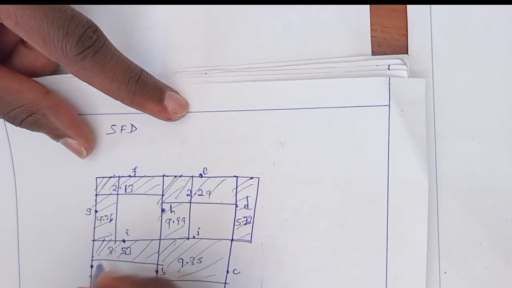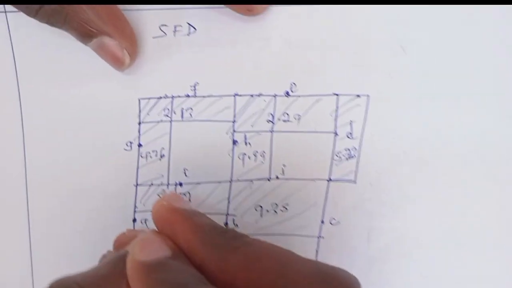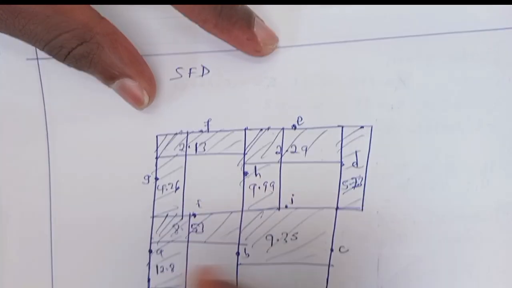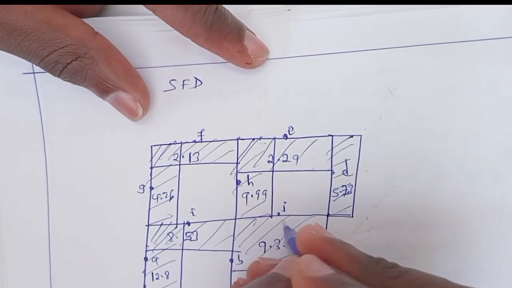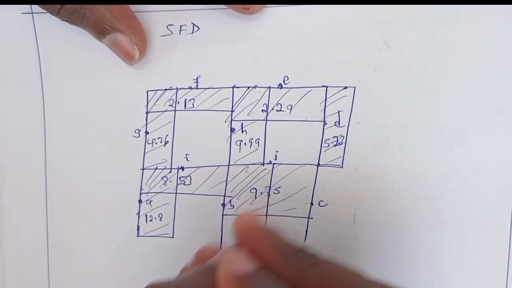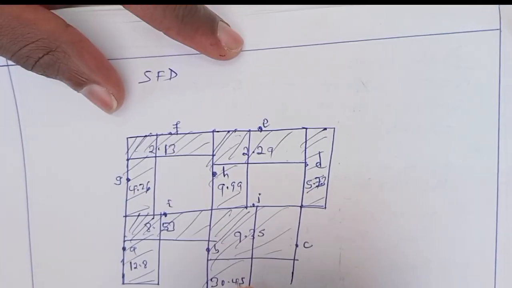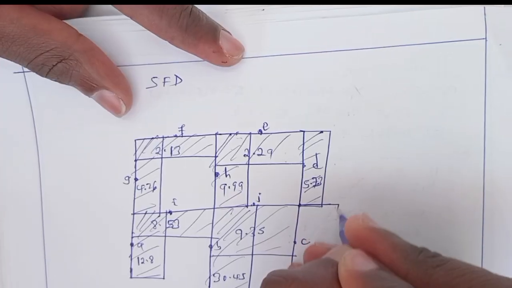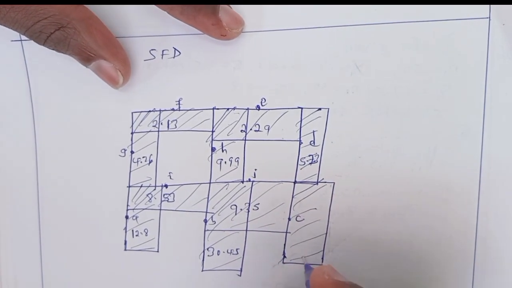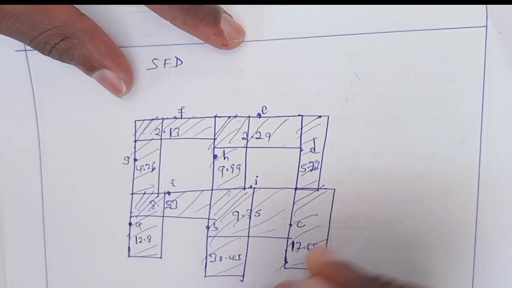The shear force at point A was 12.80, the shear force at point B was 30.45, and the shear force at point C was 17.65 kilonewton.